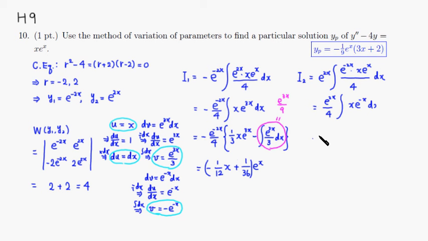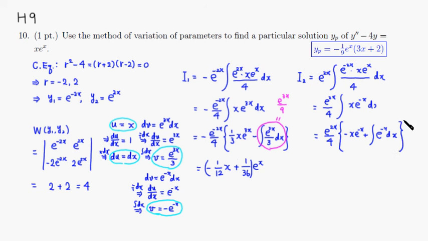So using integration by parts, we have e to the 2x over 4, then uv would be negative x e to the negative x minus the integral of v du. There's a negative sign, so I'm going to turn it into a positive sign, integral of e to the negative x dx.